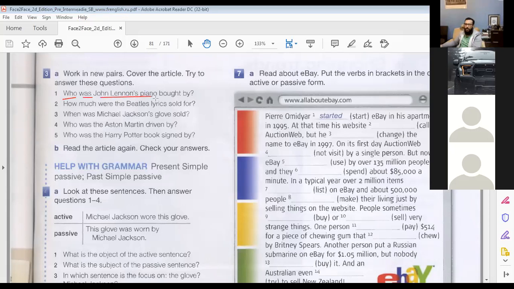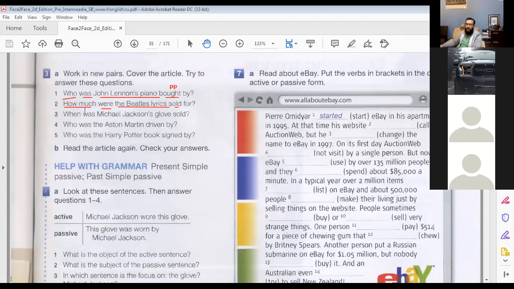Who was? Question word. Okay, so we need a question word. Verb to be. And the past. Okay, yes. Subject. Correct. Verb. What's the form of the verb? Past participle. Yes, it's always past participle. Okay, and let's see if this is correct or not.